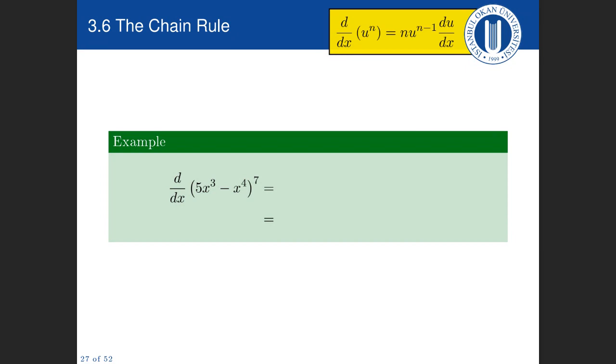I want to differentiate 5x to the power 3 minus x to the power 4, all to the power 7. We have a function u to the power 7. And the formula in the yellow box says it's going to be 7 u to the power 6 multiplied by du/dx.